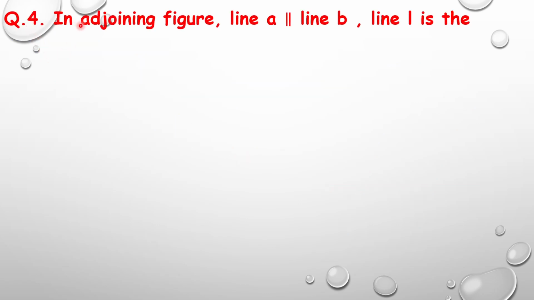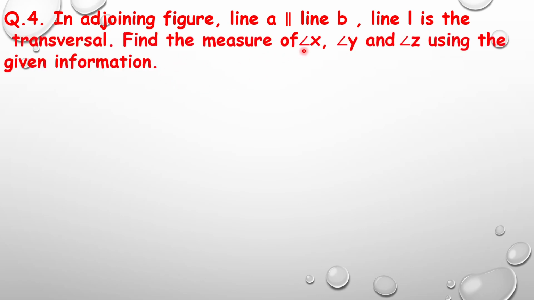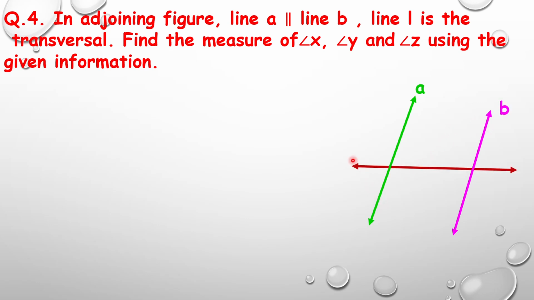Question number 4. In the adjoining figure, line A is parallel to line B and line L is the transversal. Find the measures of X, Y and Z using the given information. So in the figure, line A parallel to line B is given and L is the transversal.